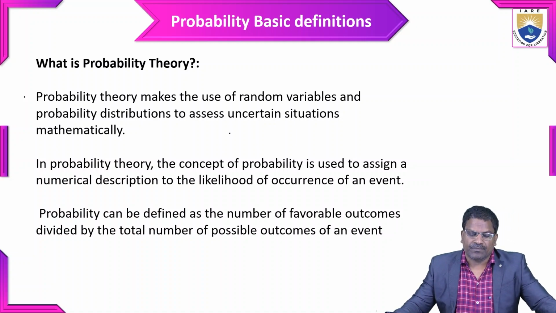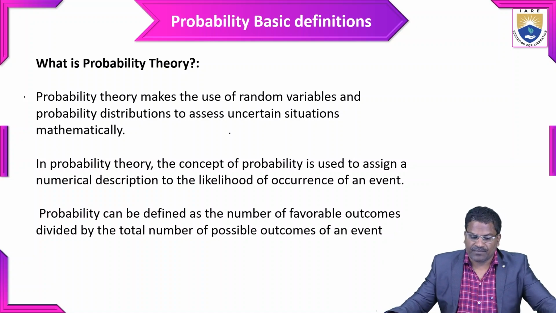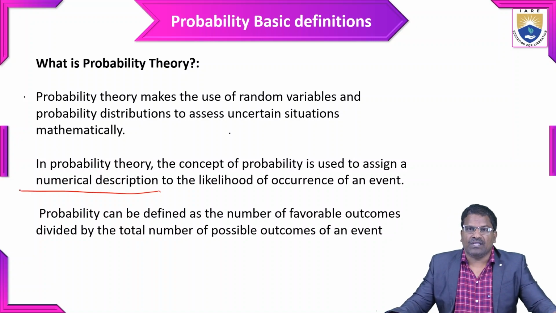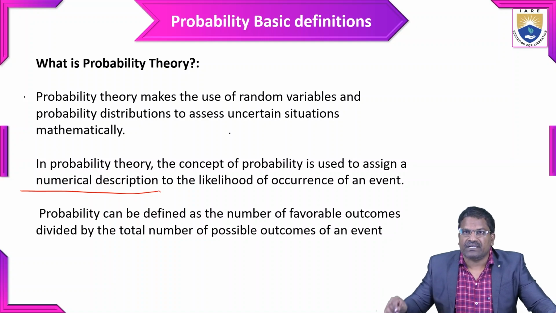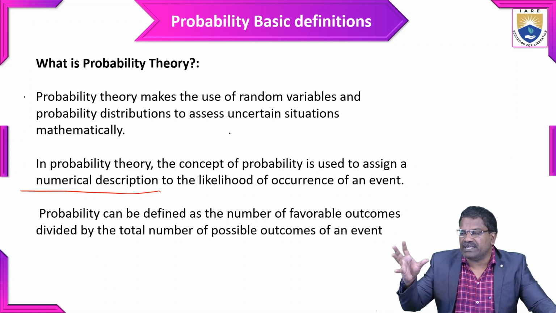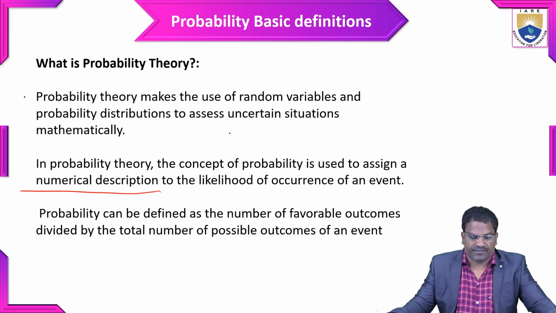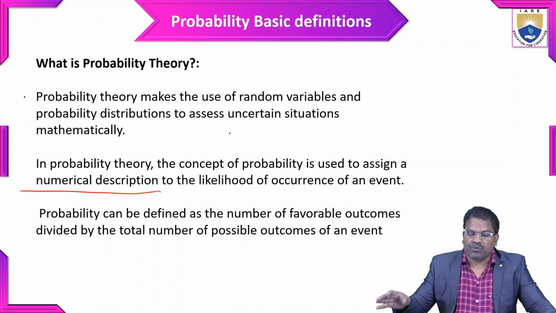In probability theory, the concept of probability is used to assign a numerical description to the likelihood of occurrence of an event, the happening of that event. We are giving some mathematical numerical value; we are quantifying it. Probability can be defined as the number of favorable outcomes divided by the total number of possible outcomes of an event.